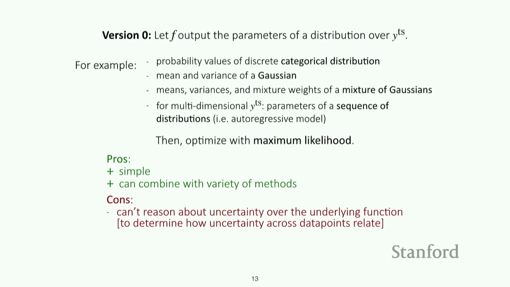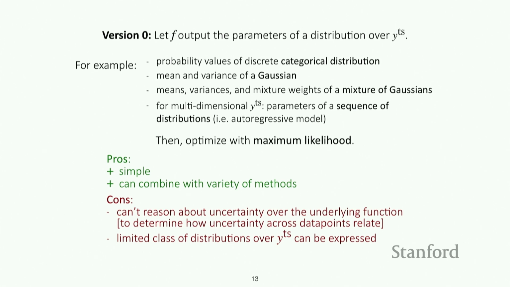For example, you can't disentangle model uncertainty versus label noise. It is also limited to a particular class of distributions over y. In some of the following slides, we'll look at more expressive classes of distributions where we can represent distributions over the functions fairly expressively.